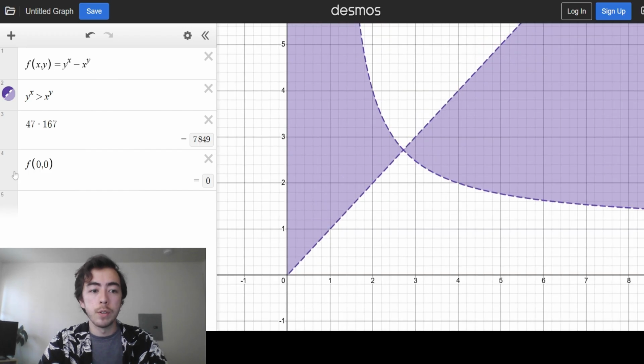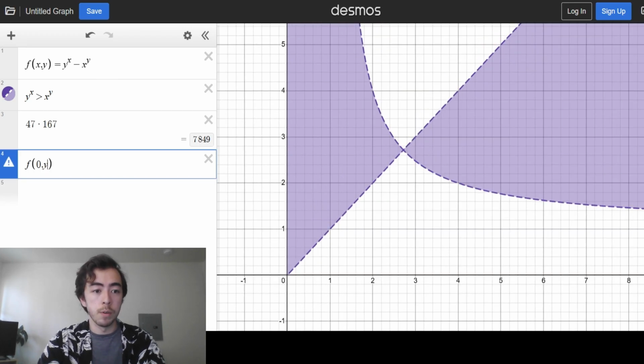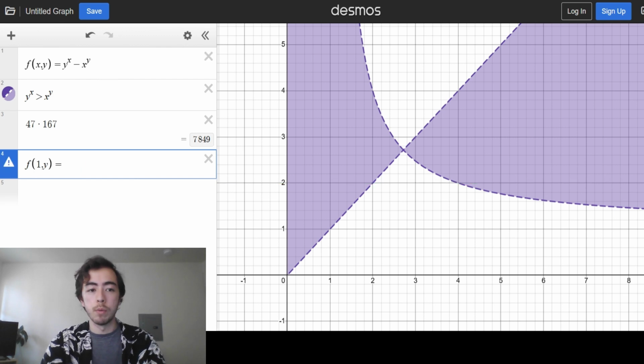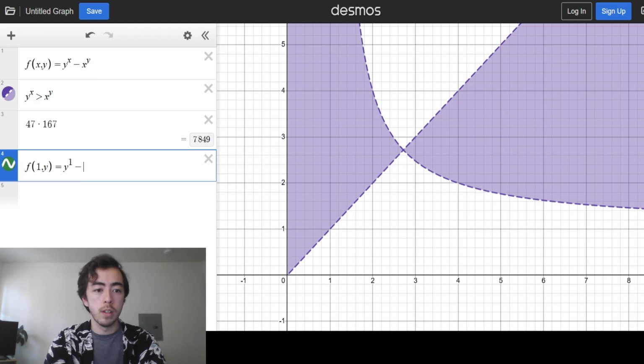Regardless, if we do plug in a 0 for x, then most of our outputs are just going to be equal to 1. And that's nowhere near 7,849. So we could try incrementing x to be 1 and plug it in, filling in all the spots where we see x. We get y to the power of 1 minus 1 to the power of y.